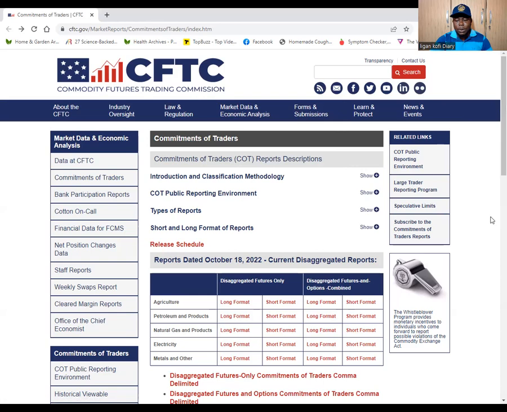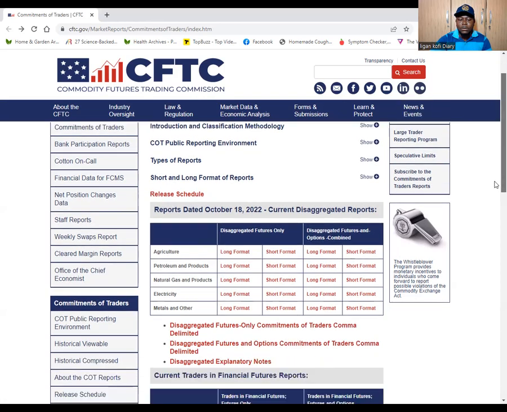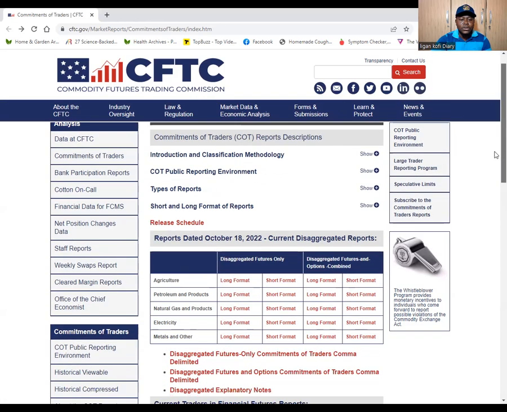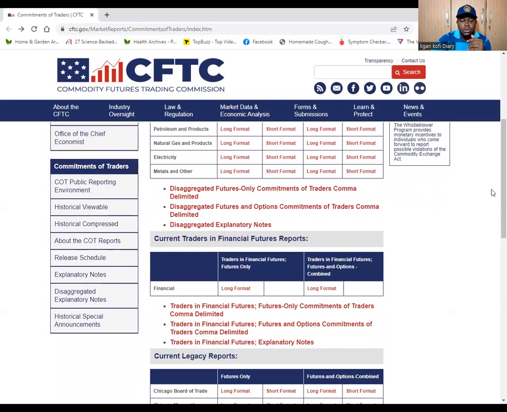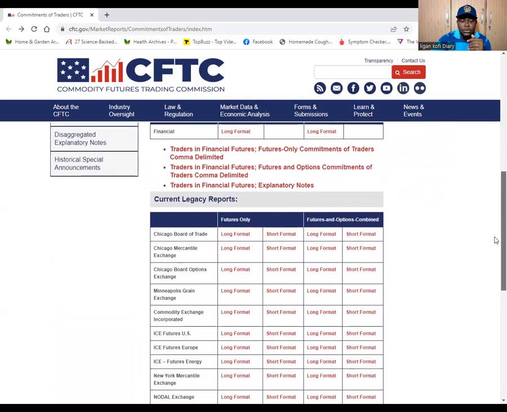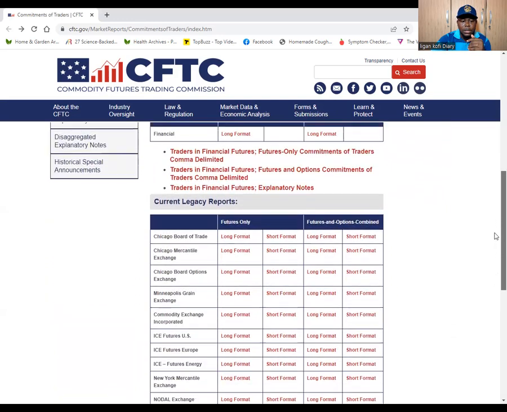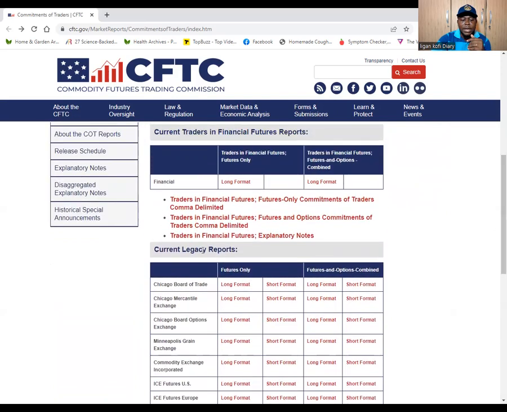Now, when you come to the website like this, you scroll down. You see that they have a lot of data, but when you go further down, you come to this place, which is current legacy report.